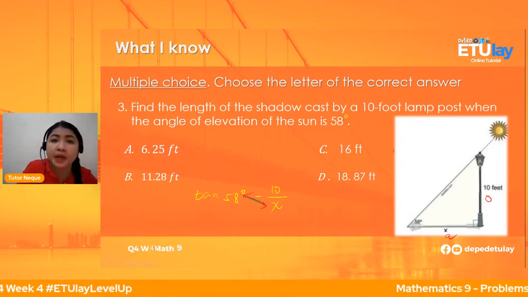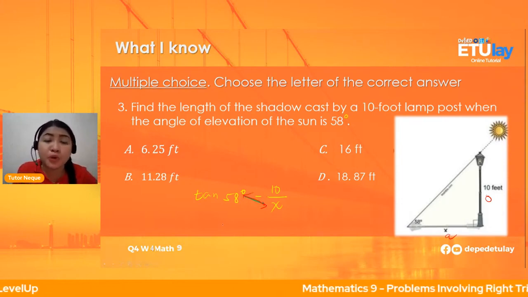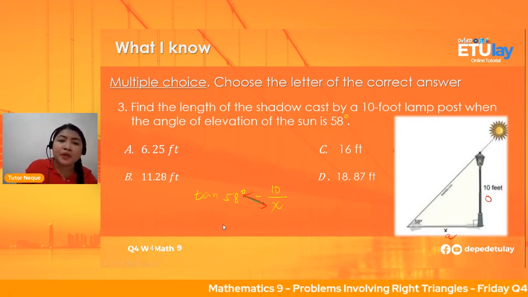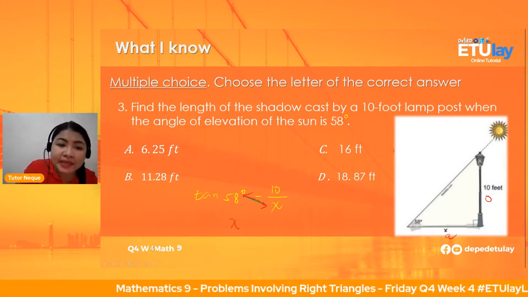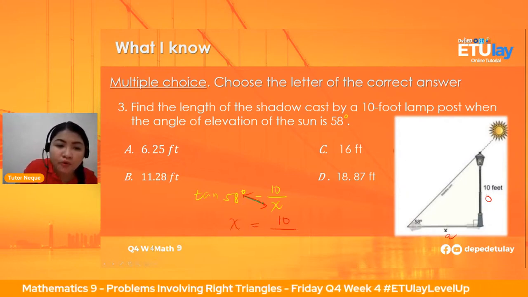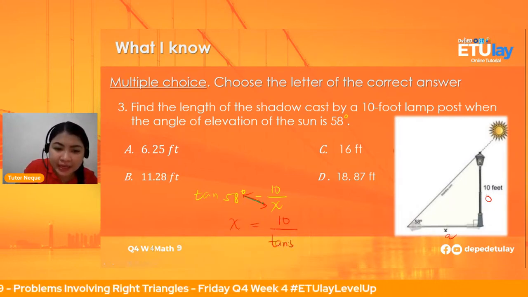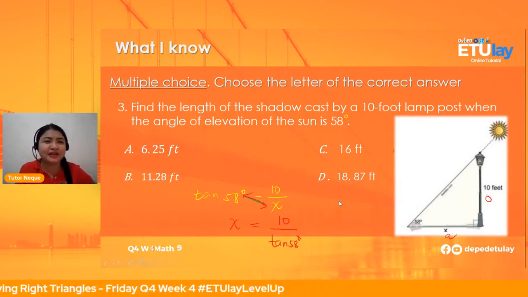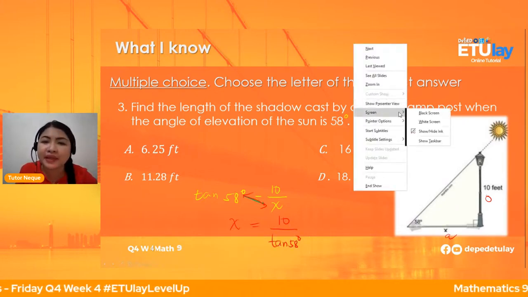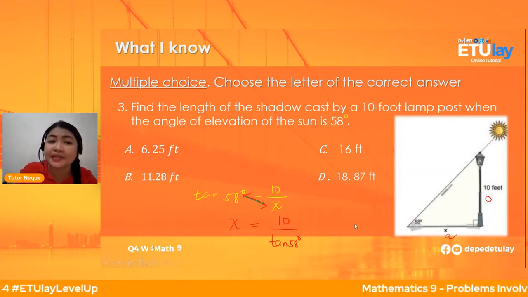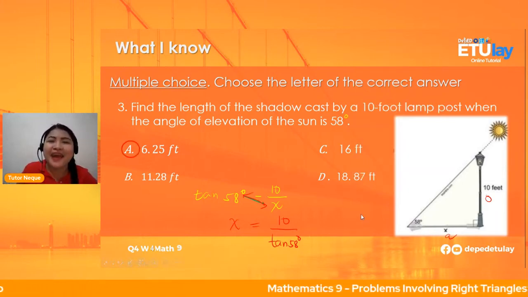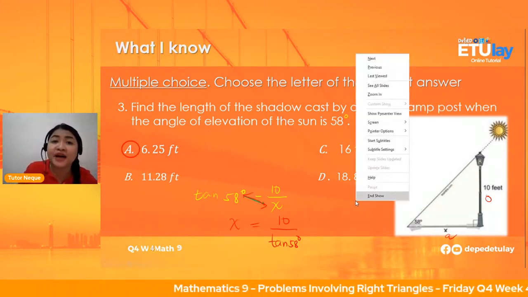By cross product property or proportion, we have x is equal to 10 over tan 58 degrees. Ayan. Just use your calculator and you will get the correct answer. And the correct answer is letter A, 6.25 feet.